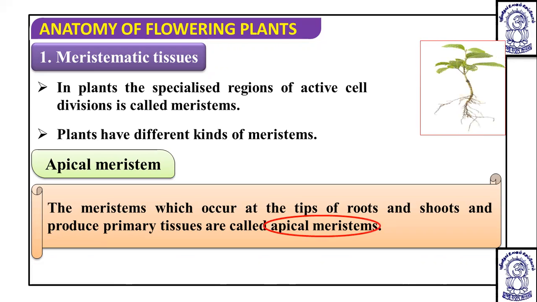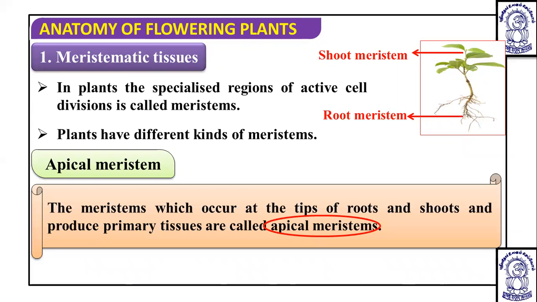So the position is apex. Because of this, it is known as apical meristem. See, this is shoot meristem, shoot apical meristem. The apical meristem which is present at the tip of the shoot is known as shoot apical meristem, or you can call it SAM.